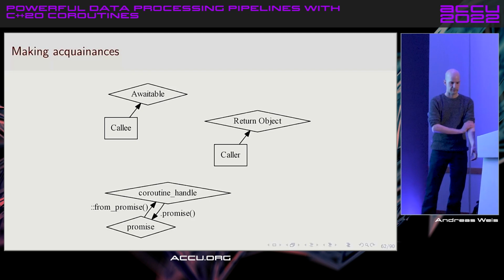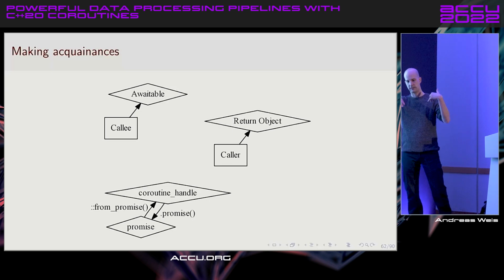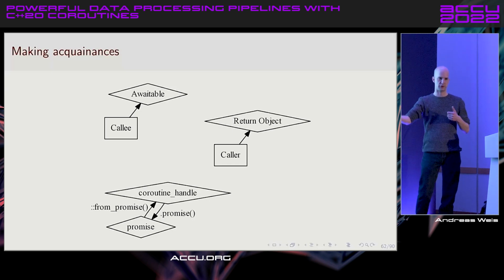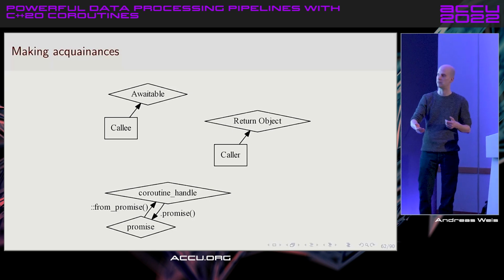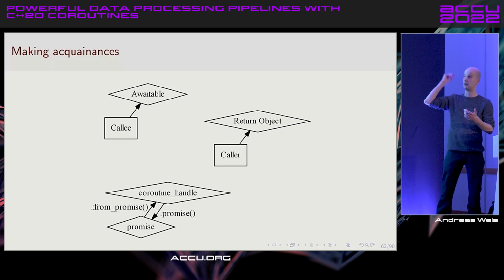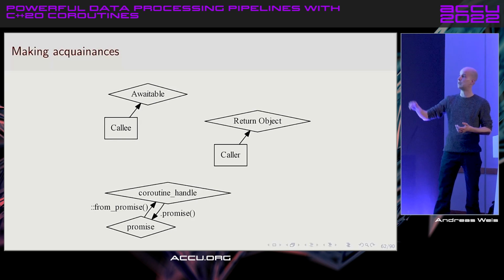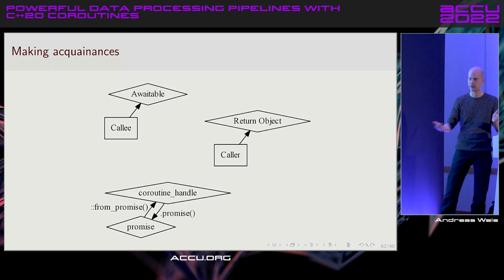So at the moment, I just have these things floating around, right? I have the callee, which has this awaitable object that it constructs and then calls co_await on. Those two obviously know each other. The callee is the one constructing the awaitable, so it has access to that one. The caller, which is not a coroutine, is just a normal function.